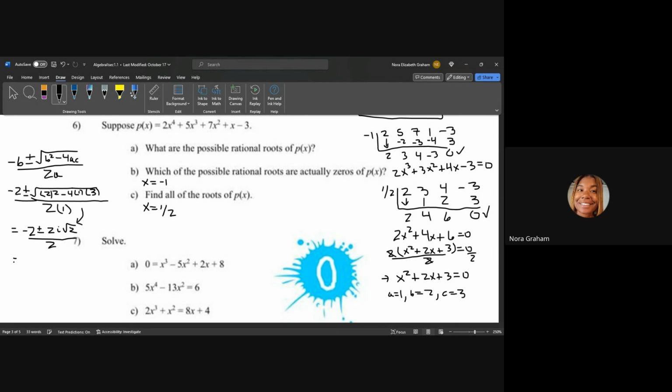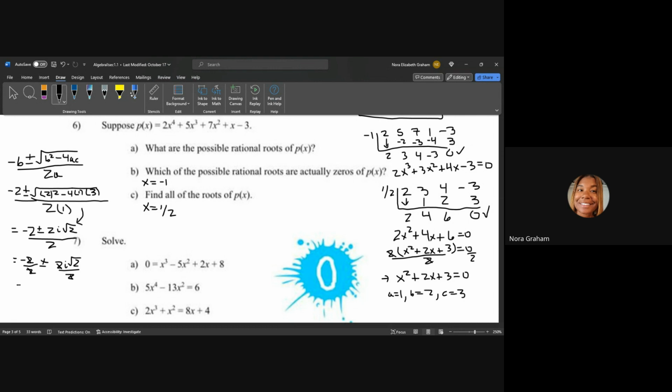All right. I can simplify this down even more by breaking apart my fraction. Negative 2 over 2 plus or minus 2i square root of 2 over 2. These two cancel out, and these twos cancel out.